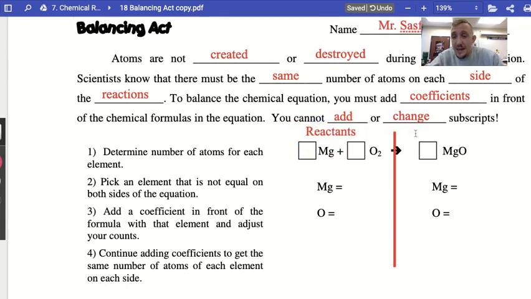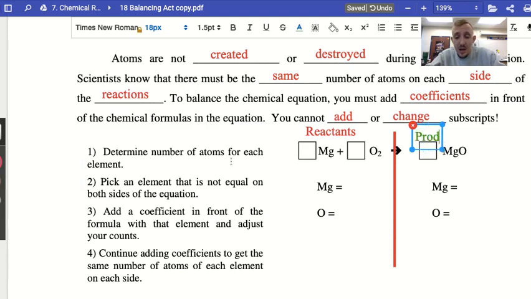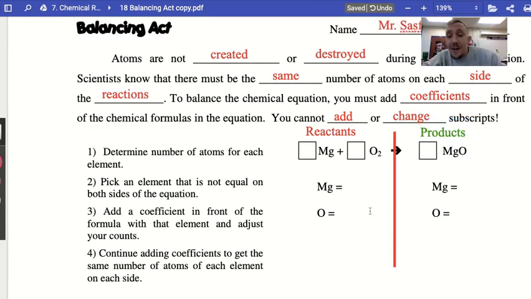And on the right side, I'll make it a different color, these are my products. If I start with 5 atoms over here, I have to end with 5 over here. If I have 10 here, I have to have 10 over here.